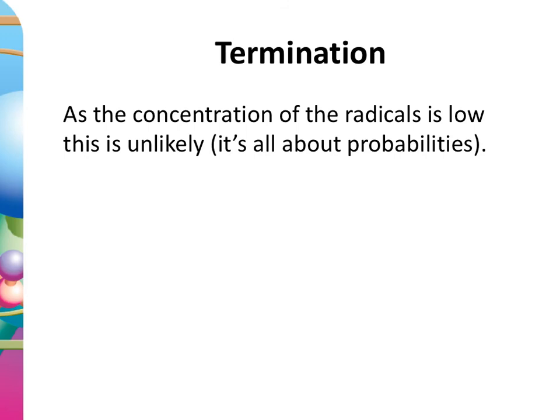And so, this is also one of the reasons why it's very difficult to control the reaction, because ultimately the only way the reaction can finish is either because all of the possible substitutions have taken place, or because all of the free radicals have collided with each other, and that latter doesn't have a high probability.